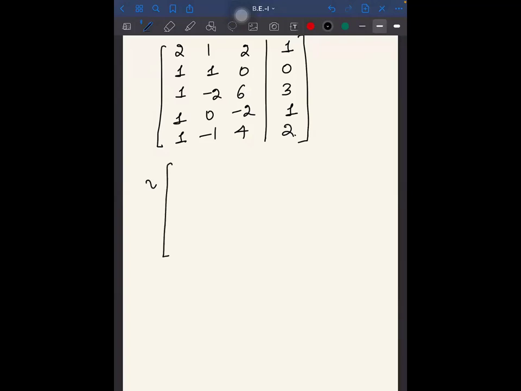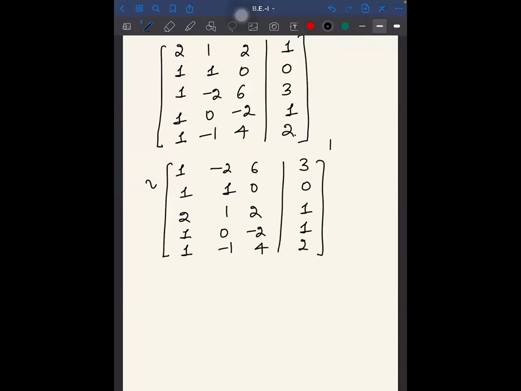So let's say we write it as 1, minus 2, 6, 3, then 1, 1, 0, 0, then 2, 1, 2, 1. So we have changed R3 and R1, okay? And then 1, 0, minus 2, 1, and then 1, minus 1, 4, 2. So what we have done, we have interchanged R3 and R1.